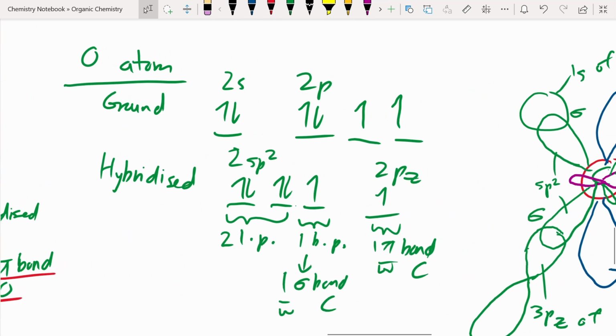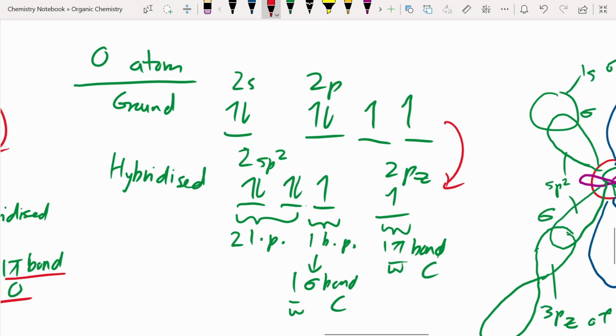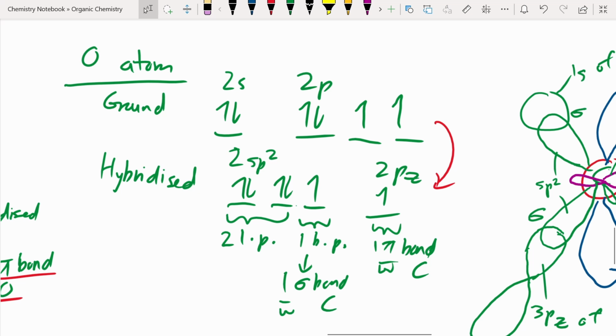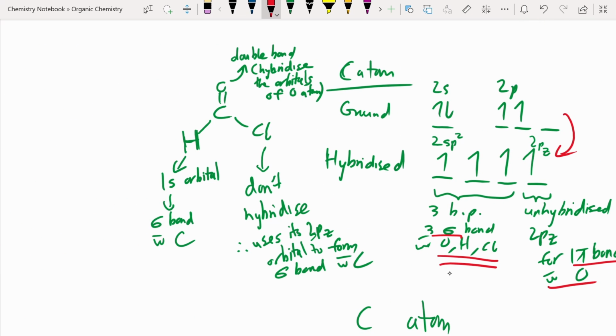Then for oxygen, you excite, hybridize, and form 3 sp2 orbitals. Two of the sp2 orbitals hold lone pairs, as you can see there are 2 lone pairs right here for oxygen.